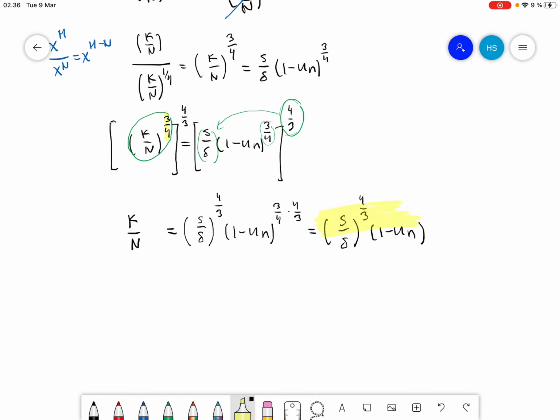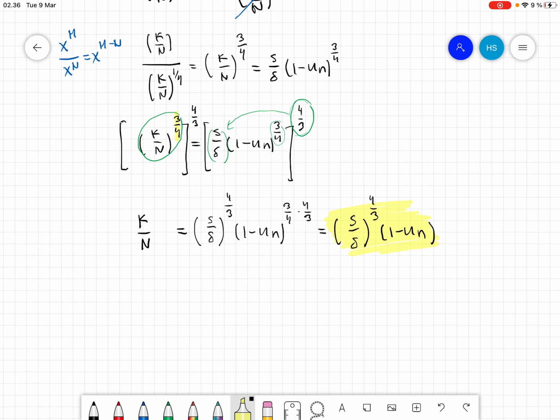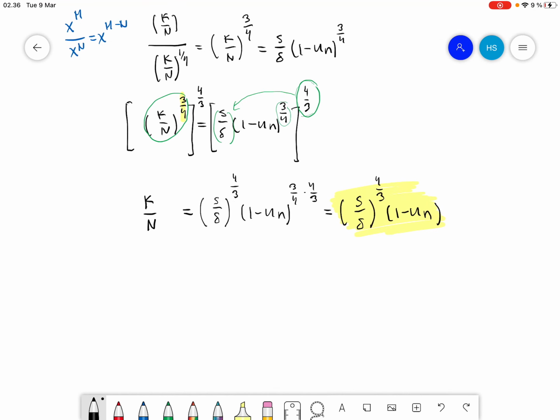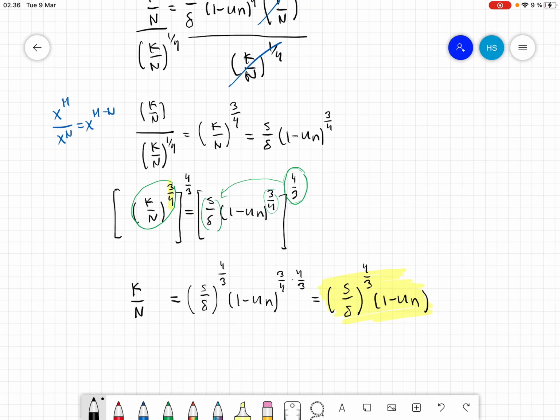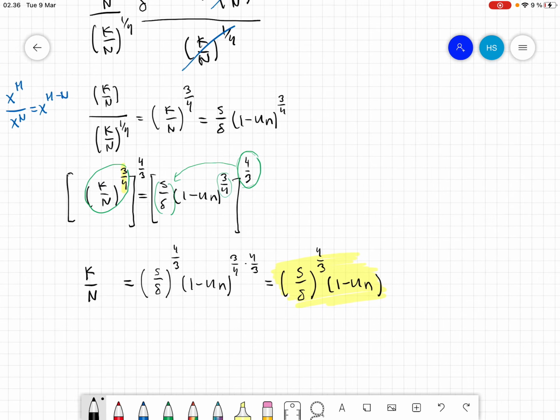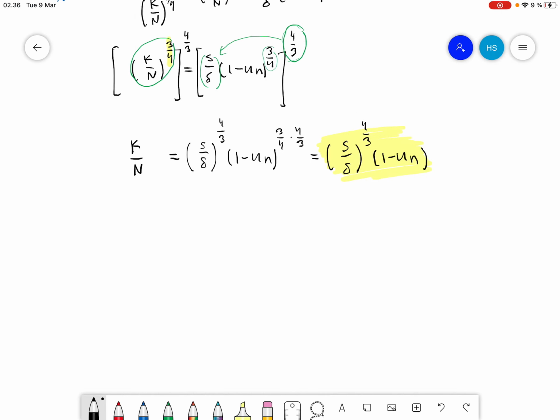So this here is the capital stock per worker in steady state. So now that we have our capital stock per worker in steady state, we can also compute output per worker in steady state. And what was the output per worker in steady state?